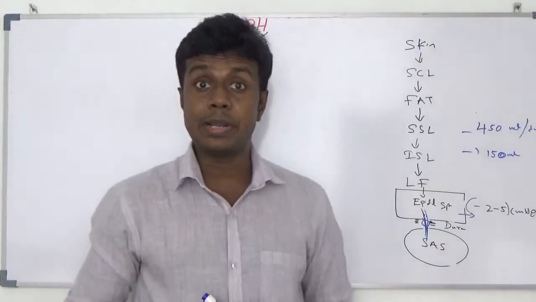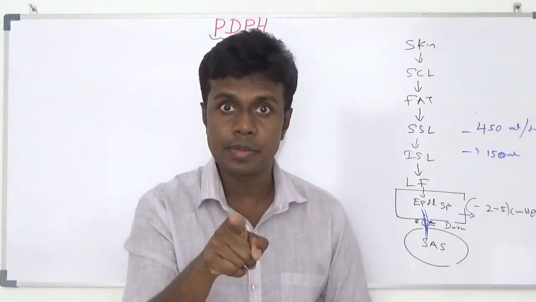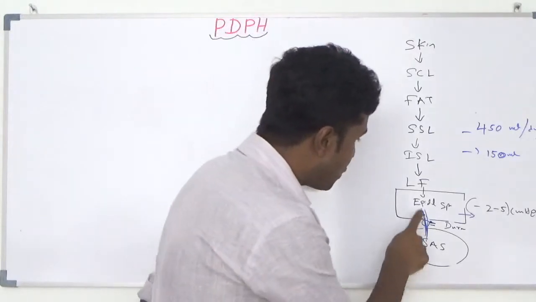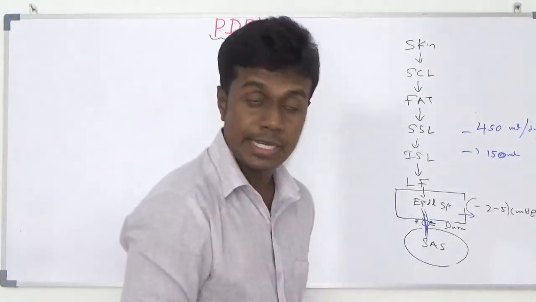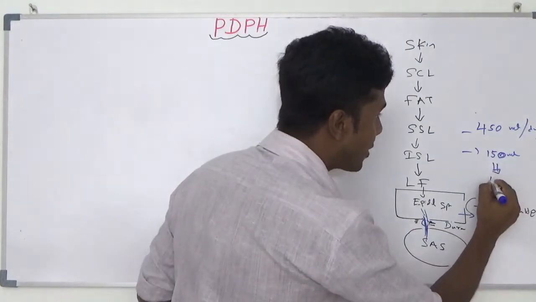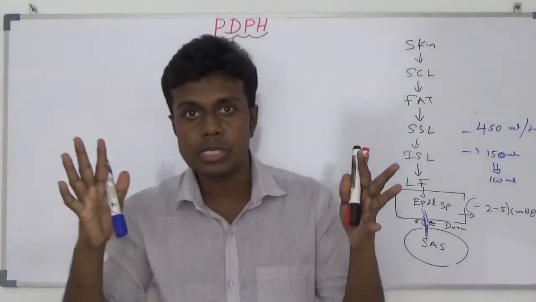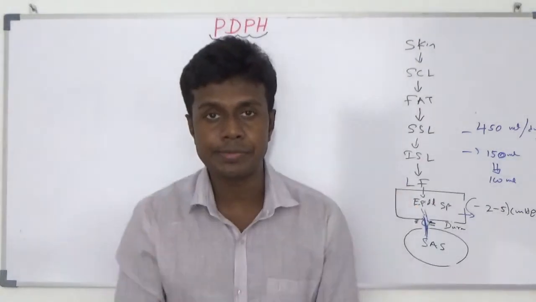That means daily production is 3 times your present amount. But if you have a hole here, CSF starts to leak. The volume is now not 150, it is somewhere around 100 milliliters. What happens? Your subarachnoid space is going to shrink.